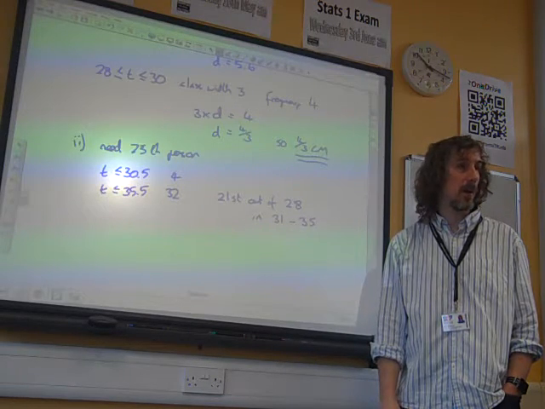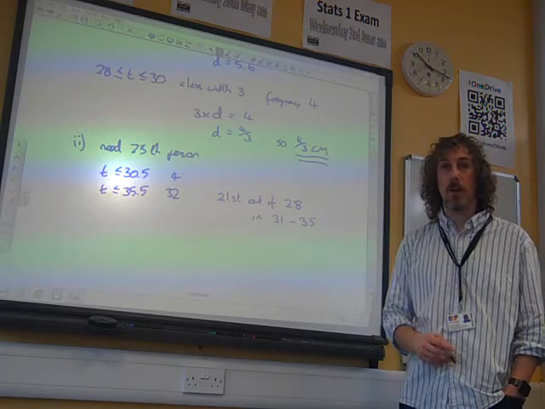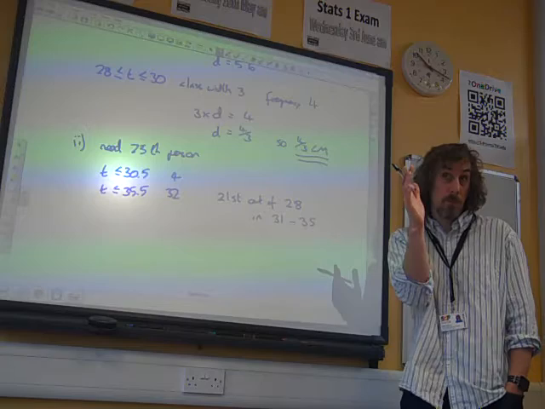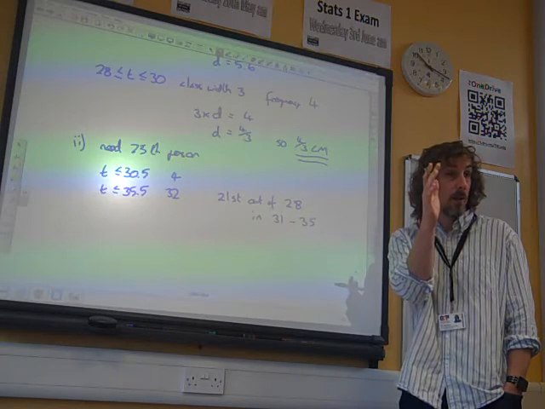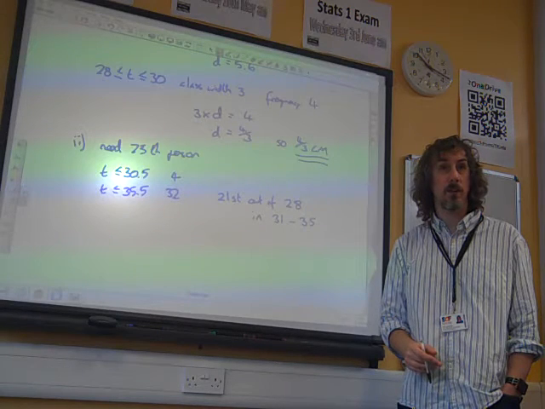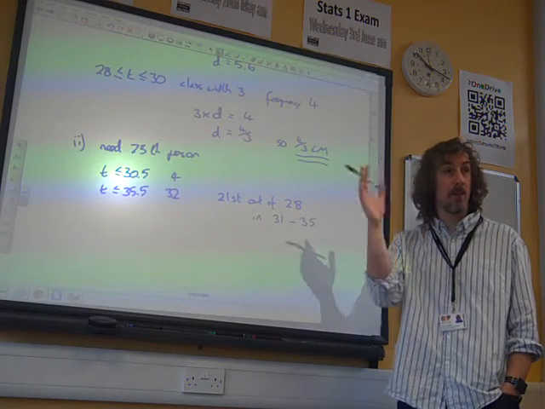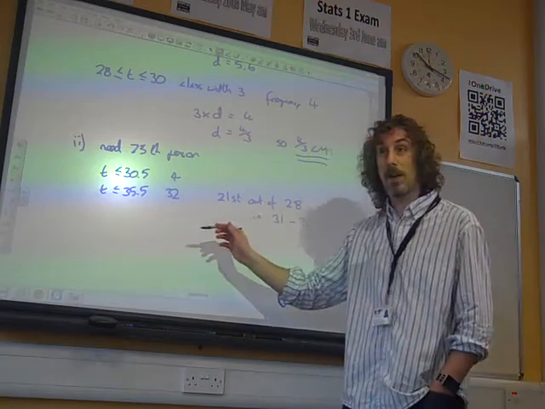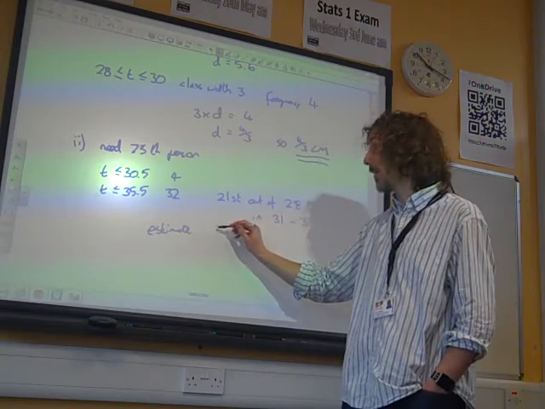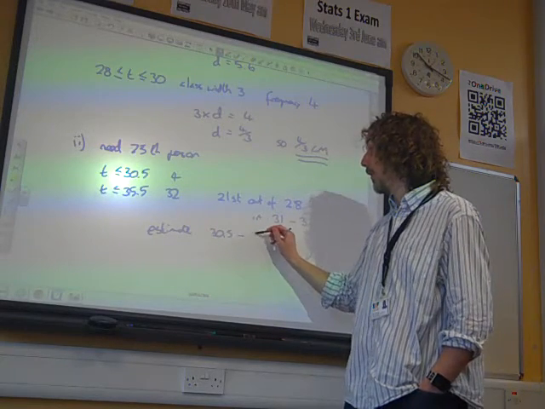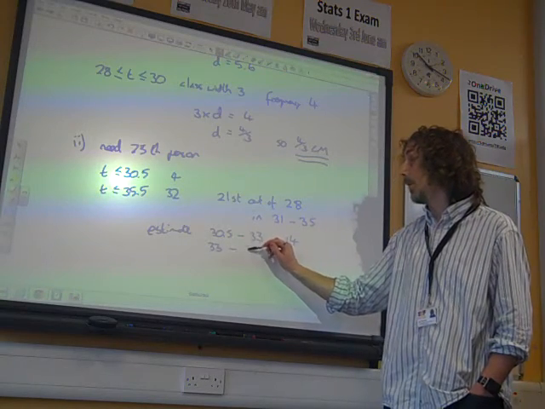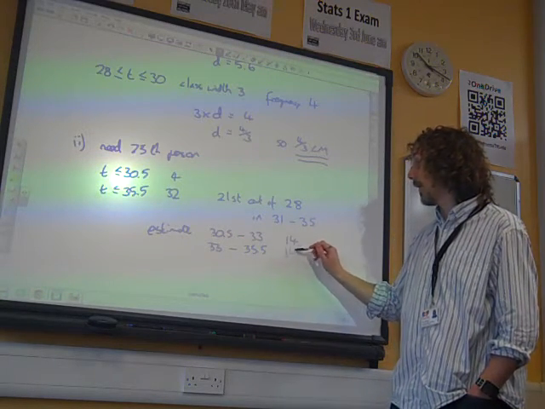Now actually, if there are 28 people in this group, you'd expect, if they were evenly spread, for there to be 14 of them up to 33, and 14 of them between 33 and 35.5. Does that make sense? So we're estimating that in the class 30.5 to 33 there would be 14 people, and 33 to 35.5 there would be another 14 people.